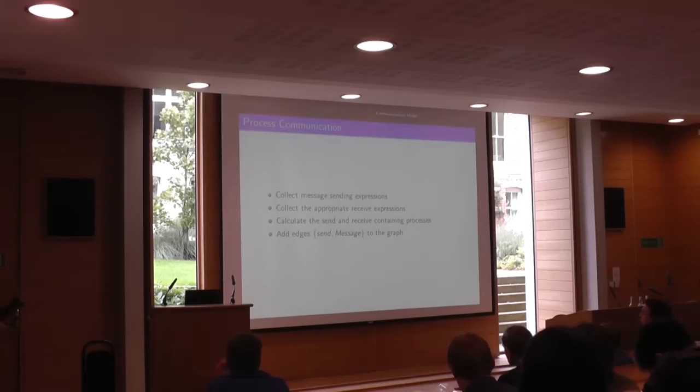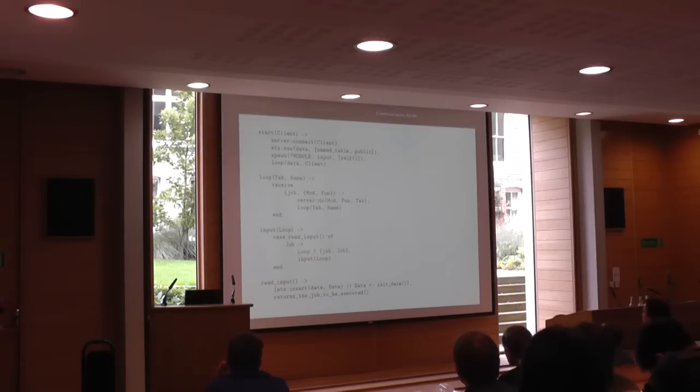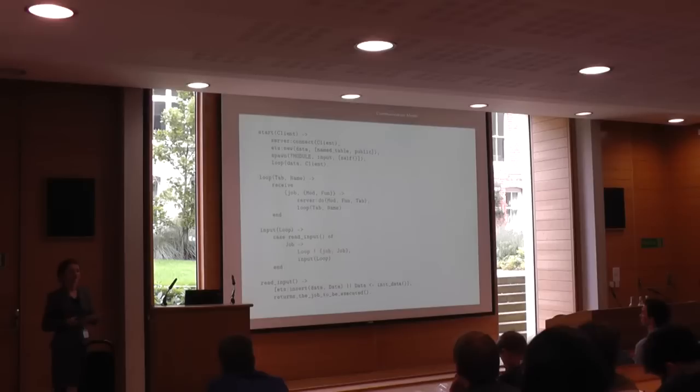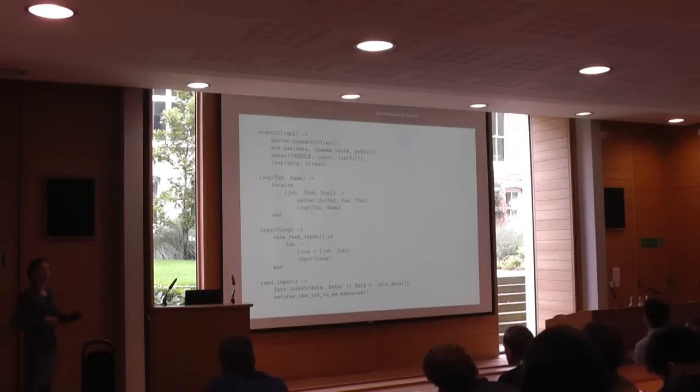So I have to add the communication. For that, I have to identify the message passing expressions, so the message sending expressions. Here's one. I send this tuple to the loop process. Of course, with data flow analysis, I have to calculate the value. I have to know what process identifier this loop refers to. So I have to traverse it back.